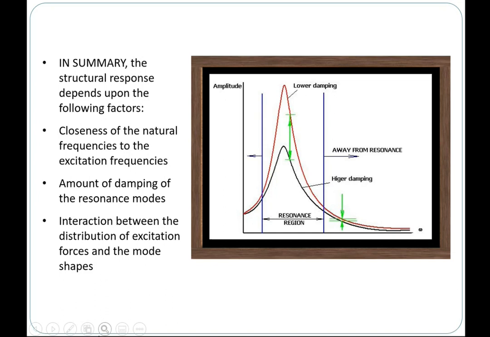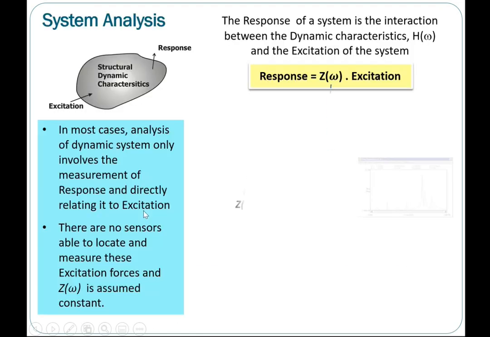With this information, we will know, when the system is running, whether it is close to that natural frequency, whether there is high vibration because of very low damping, or whether you have no vibration because your force distribution has no relationship with your mode shapes. So you can explain different behavior of your machineries through these three factors, by knowing these dynamic characteristics: natural frequency, damping, and mode shapes.